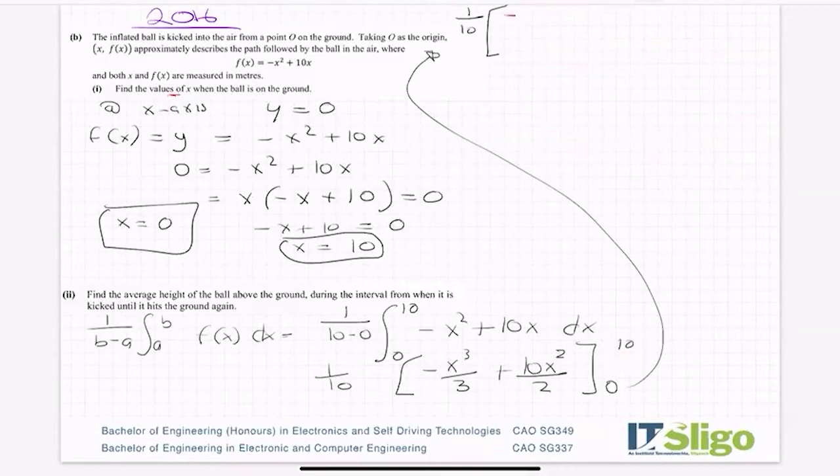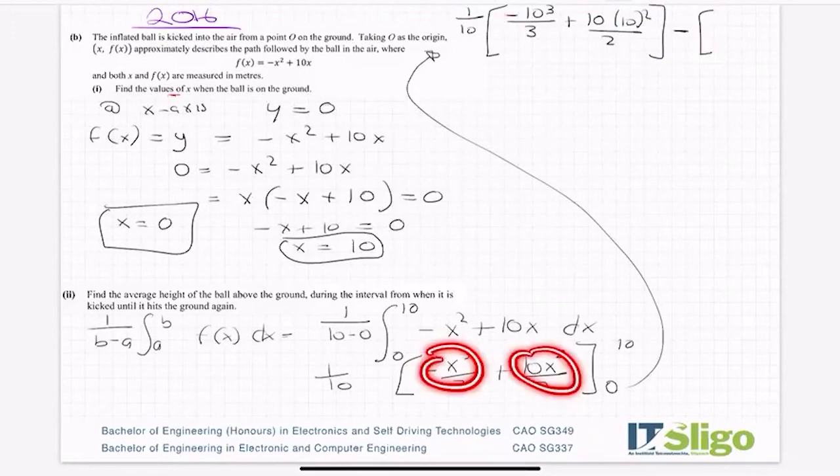Okay, so I'll have minus 10 cubed over 3 plus 10 times 10 squared over 2. And of course I could simplify, I just haven't bothered, minus the bottom. Okay, so there's not much point in subbing in the 0. That's going to be 0 plus 0 here, so I can just minus 0. Okay, and of course it's a 10th of all of this.